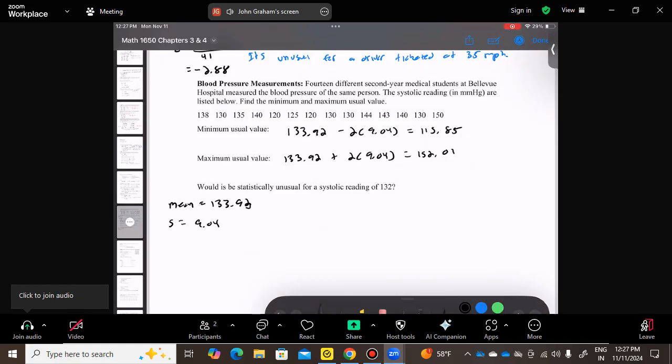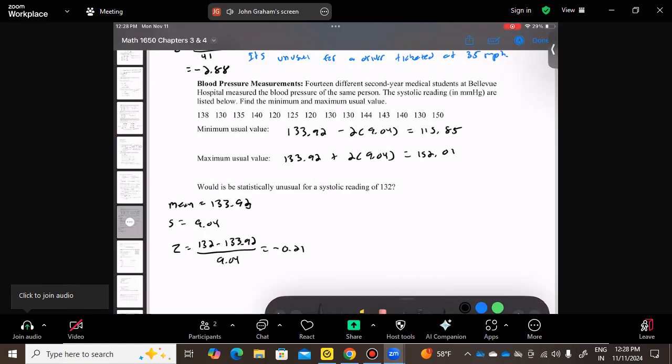So would a value of 132 be unusual? Let's find the z-score real quick. 132 minus 133.92 over 9.04 gives us a negative 0.21.